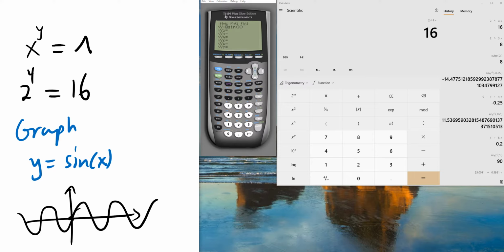On the first row, right-hand side, there's a graph key. If you graph it, what do you see? Almost nothing. So you need to go to the mode and make sure it is radians when it comes to graphing. Then I go to y equals and graph it.